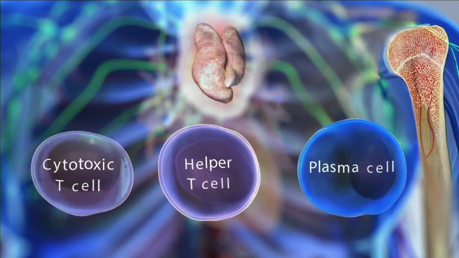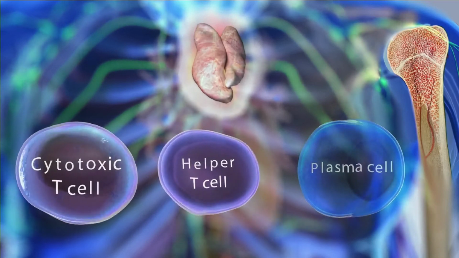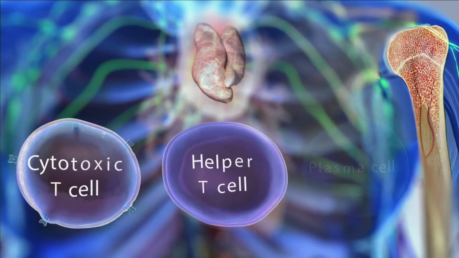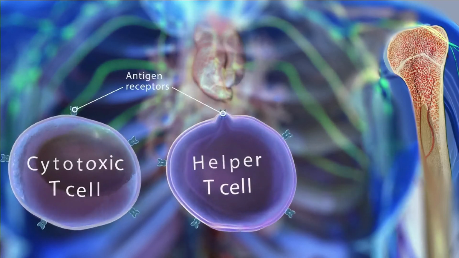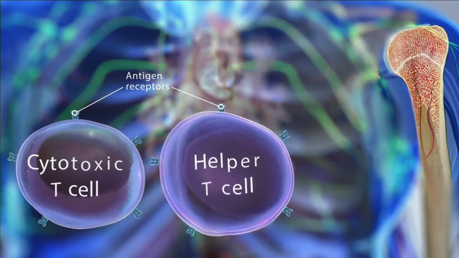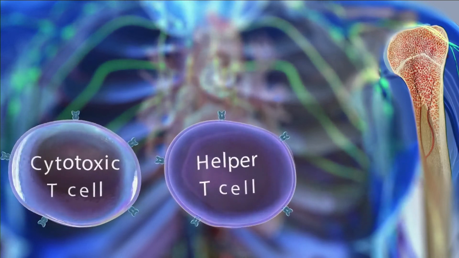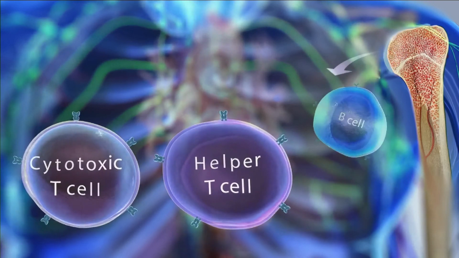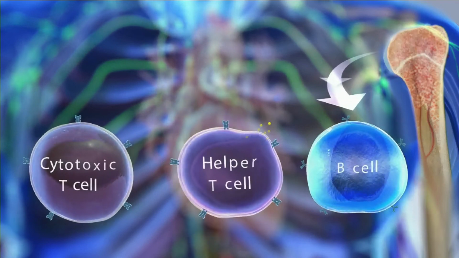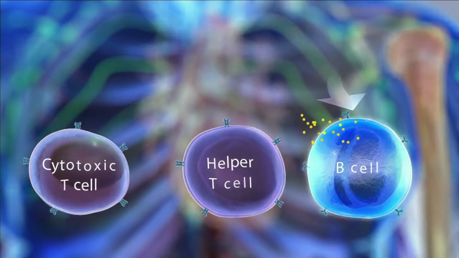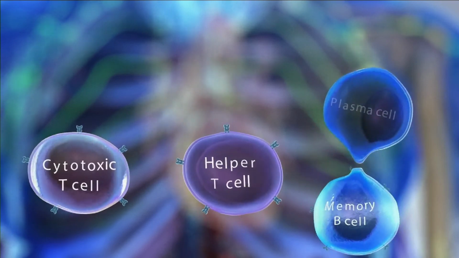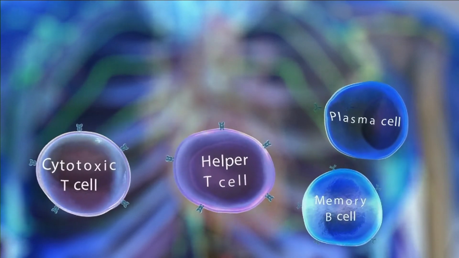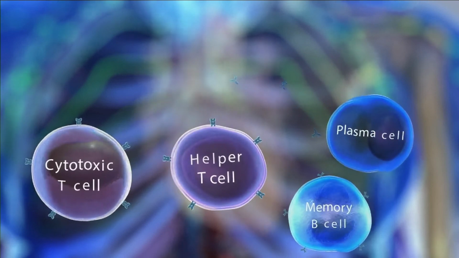During the maturation process, these lymphocytes develop the ability to carry out adaptive immune responses through the insertion of distinctive proteins, called antigen receptors, into their plasma membranes. B lymphocytes, when activated by the secretions of helper T cells, divide by a process called clonal selection into antibody-producing plasma cells and B memory cells.